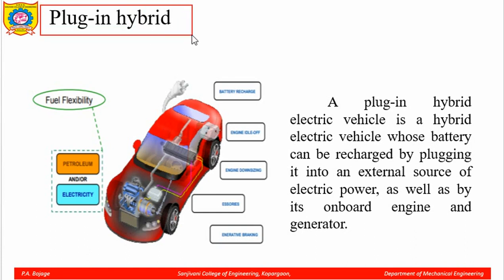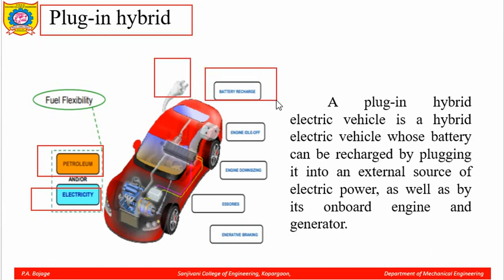So plug-in hybrid actually has a flexibility in the sense of using an IC engine to propel, and the batteries can be charged properly with an external source. So you can see the battery can be charged by an AC supply, and it can work on a battery also.